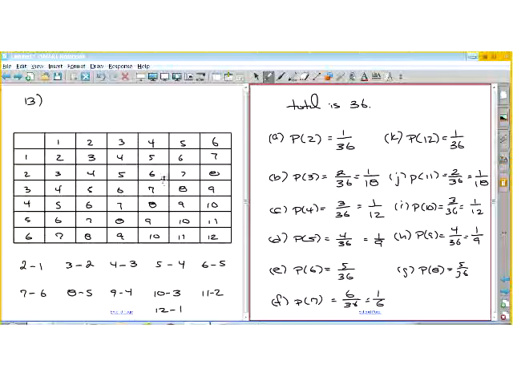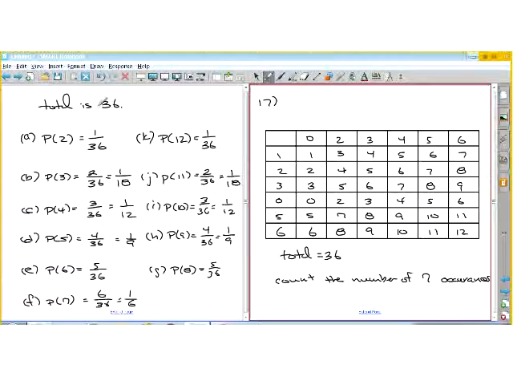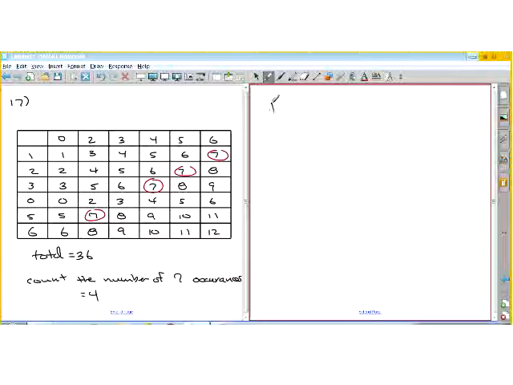In the previous problem, 7 appeared 6 times. I'm just going to go through and circle them. So I lose one here and I lose one there. So I only have 4.